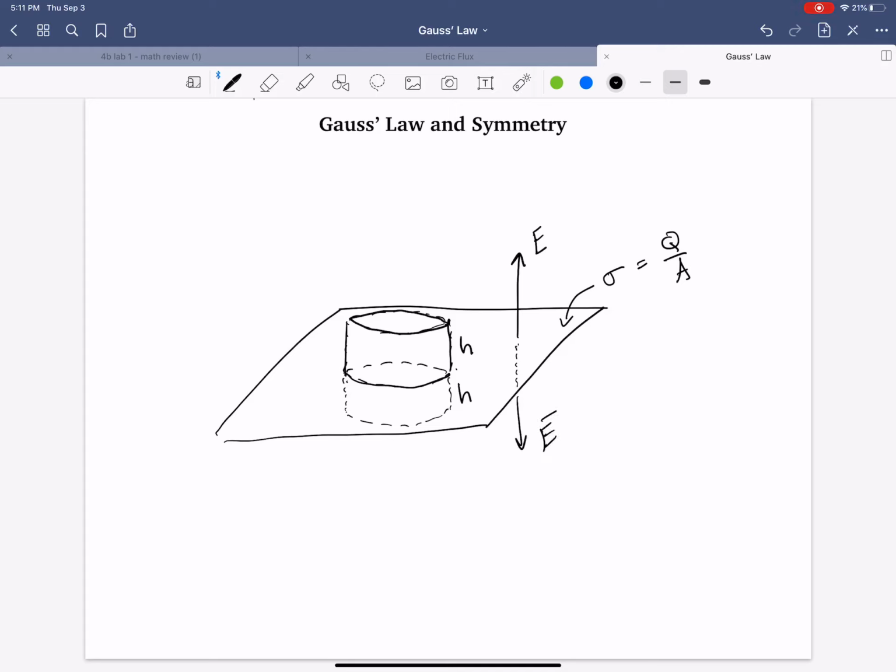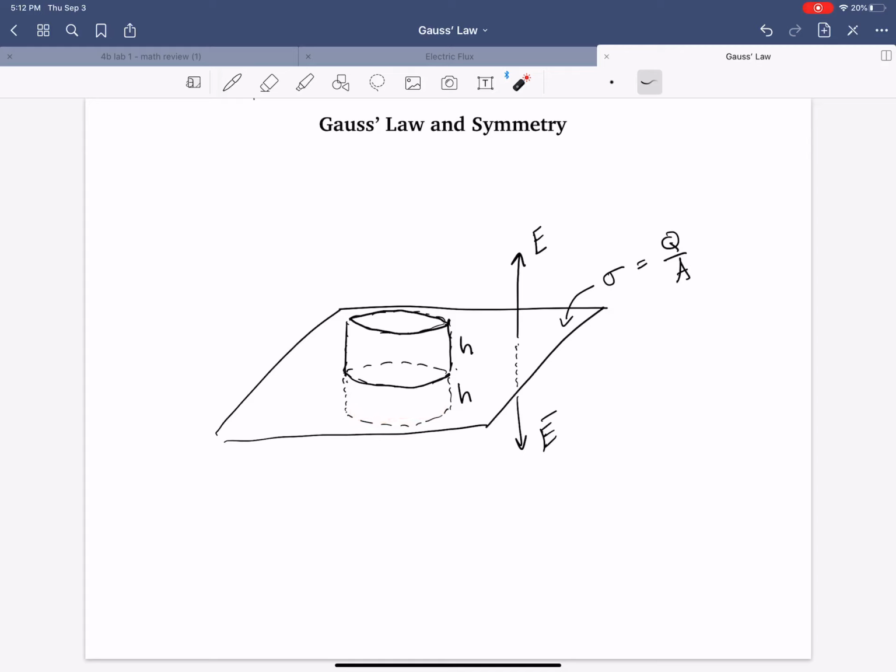That's both electric fields. So in this Gaussian surface, which surface will have a non-zero flux through it? Will it be the sides around here? No, it won't. It'll be the top and bottom.